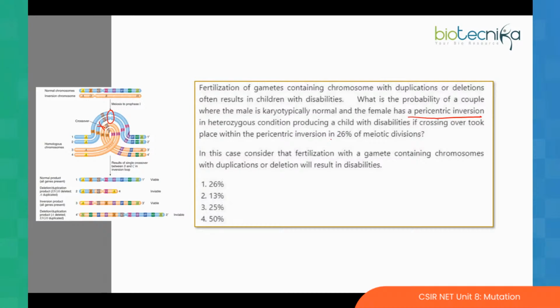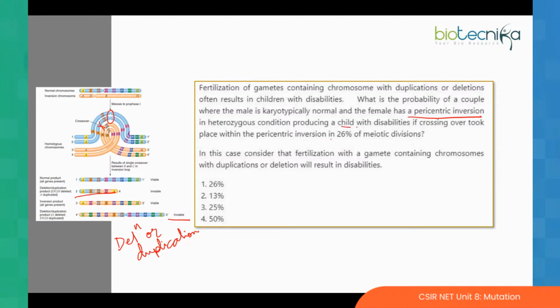So because of that, the gametes which are receiving these chromatids will be inviable because there is deletion or duplication. So if crossing over has happened, then 50% of the gametes will be inviable because of deletion or duplication. Now in this question it is saying that this deletion or duplication is not producing inviable gametes, but it is producing a child with disability.